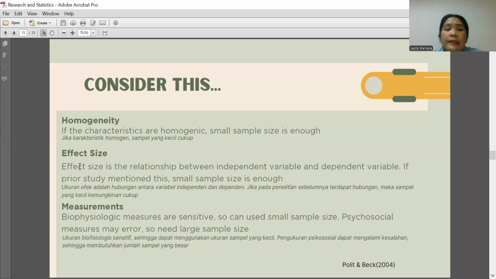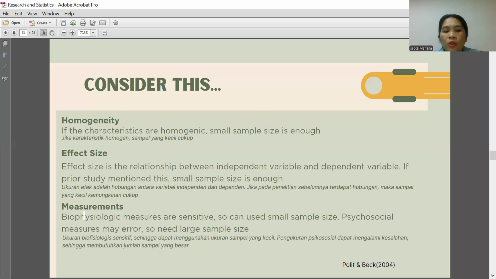The effect size is the relationship between the independent variable and the dependent variable. If a previous study mentioned it, a small sample size is enough because we already know their relationship. And the last one is the measurements, the questionnaire or tools we use to measure our variable.